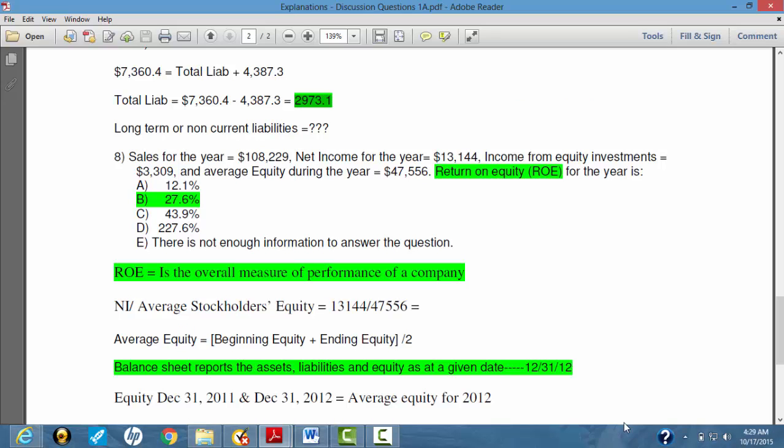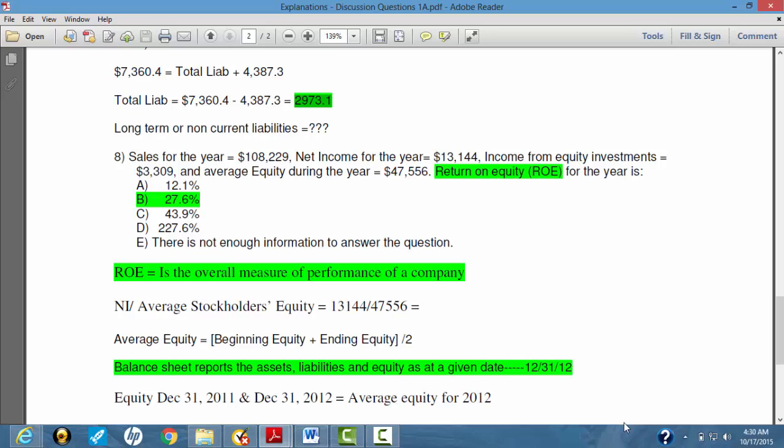Sales for the year equals 108,229. Net income for the year is 13,144. Income from equity investments equal 3,309, and average equity during the year is 47,556. We are asked to determine return on equity for the year.